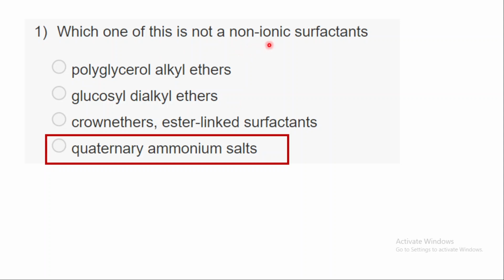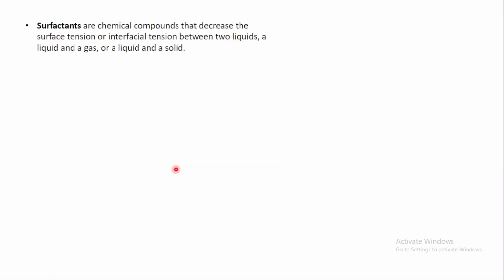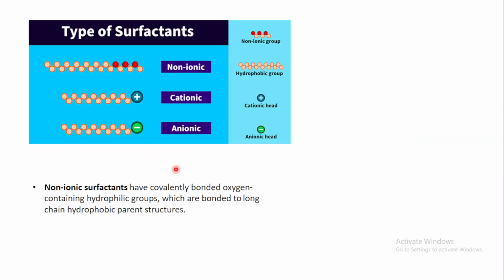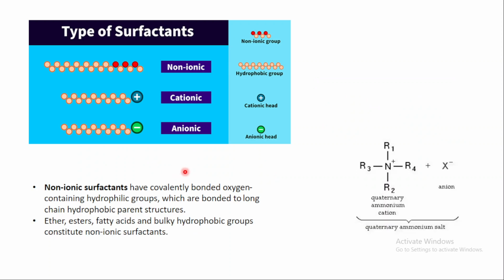So the one that is not a non-ionic surfactant is quaternary ammonium salts. And this is how a quaternary ammonium salt looks. This is the formula for the quaternary ammonium cation. In quaternary ammonium, there are four R groups attached to the nitrogen atom, but this is not a stable moiety in itself, so it exists in conjugation with an anion, which cancels out the positive charge.